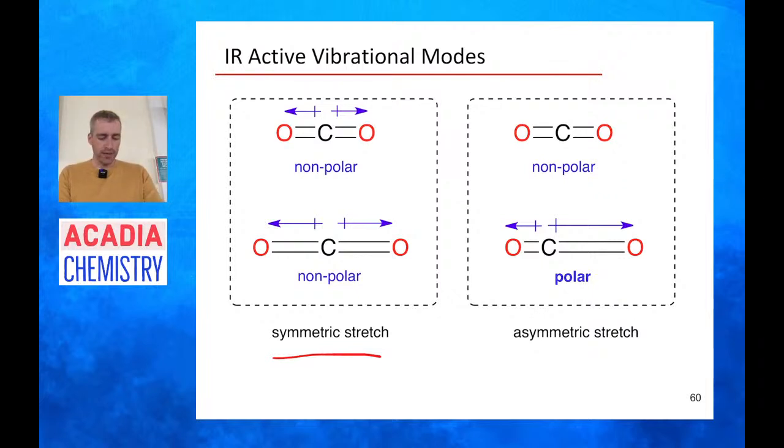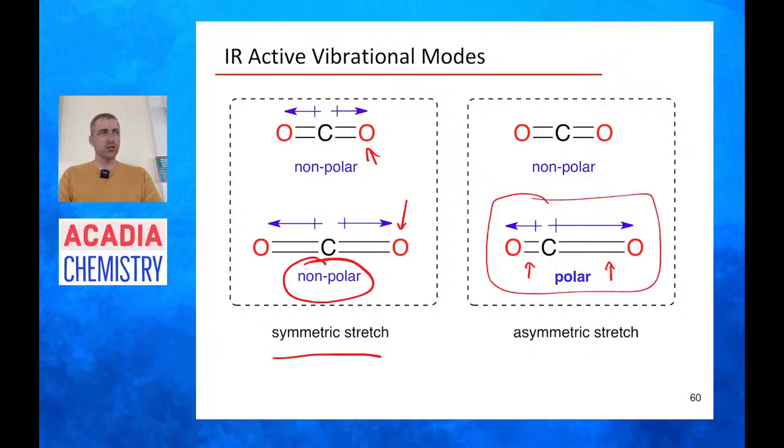At all points from when it's compressed and when it's stretched, the dipoles always perfectly cancel out, and it's always nonpolar. However, the asymmetric stretch has, at one point in that vibration, a short CO bond and a long CO bond, and at that fraction of time that it's in that sort of convoluted stretched state, it is polar.